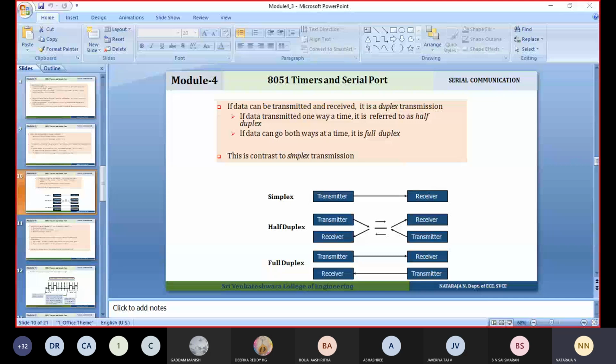Rutik, present, sir. Javeria Taj, present, sir. Jitesh, present, sir. Prasad Reddy, present, sir. Kavya, present, sir. Kirtana, present, sir. Uday Kumar Reddy, present, sir. Kushala, present, sir. Layana, present, sir. M. Charan, present, sir.